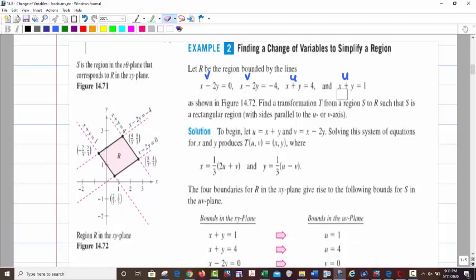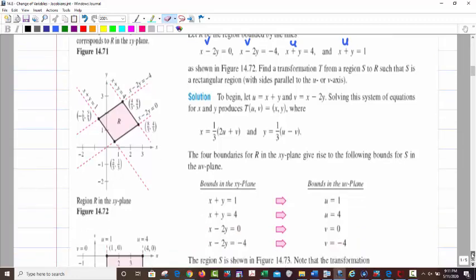I chose that one to be u because that's what they did. It wouldn't have mattered, but I was trying to make it match what was going on down here. So for sure u will equal x plus y, which means u goes from 1 to 4. And then x minus 2y will be v, and it goes from 0 to negative 4.